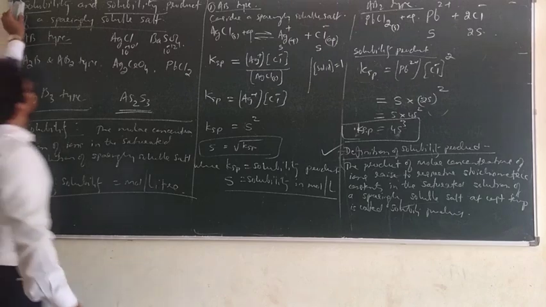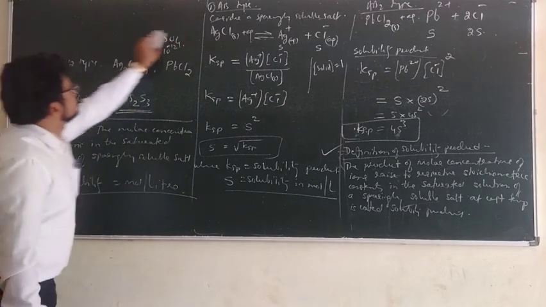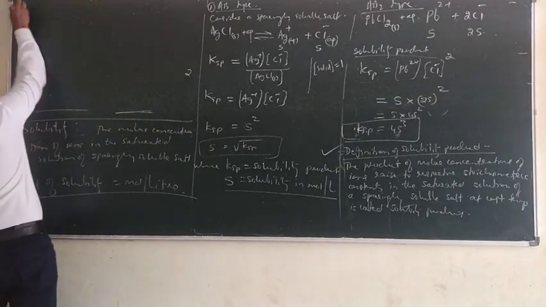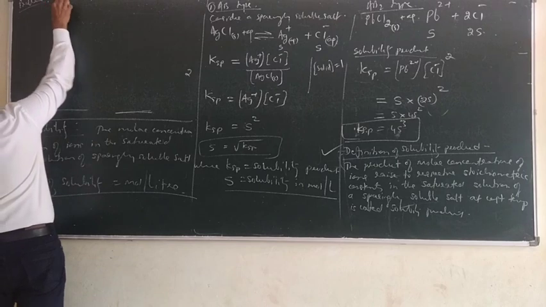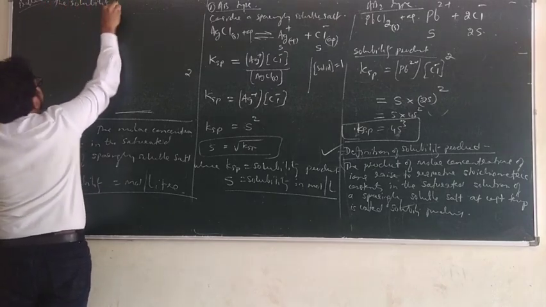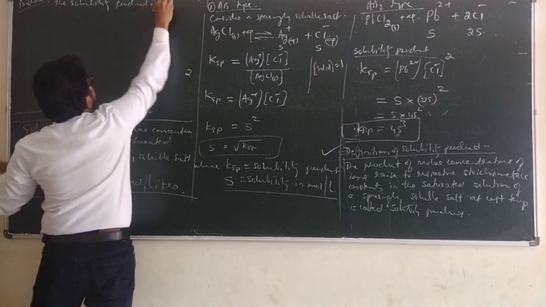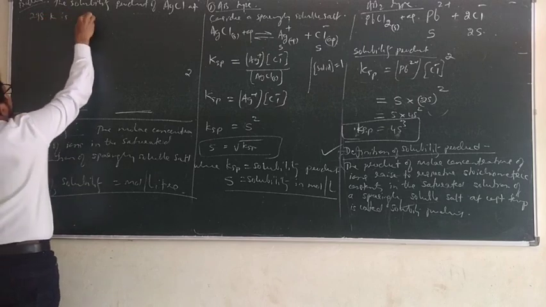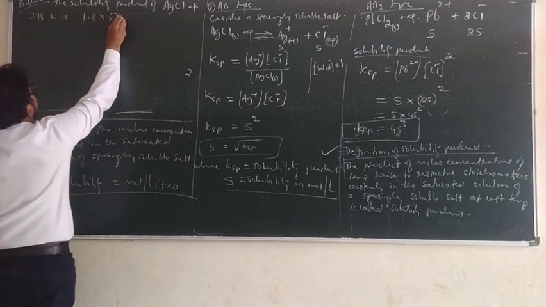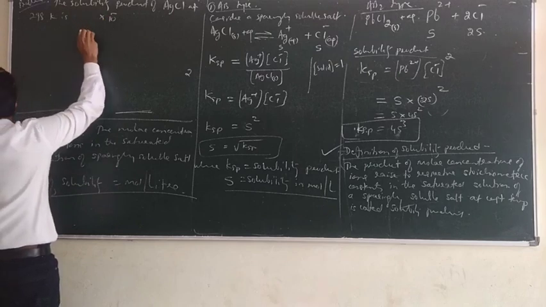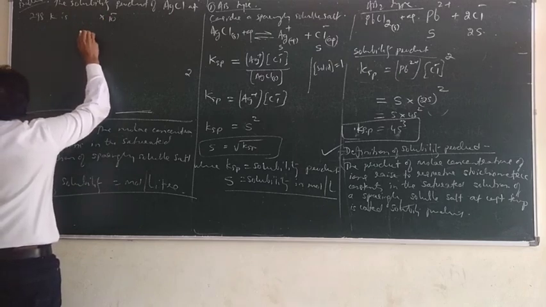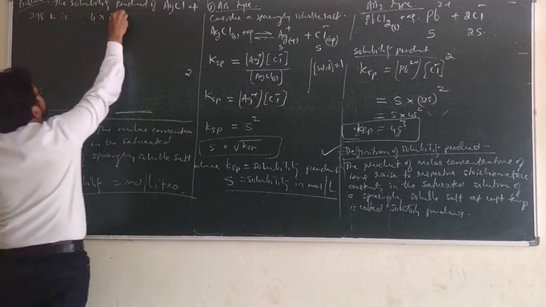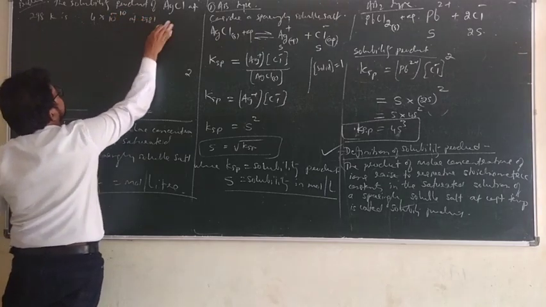If you want one simple problem, I will work it out. The solubility product of AgCl, silver chloride, at 298 Kelvin is 1.8 into 10 to the power minus 10, or you can say simply 4 into 10 to the power minus 10 at 298 Kelvin.